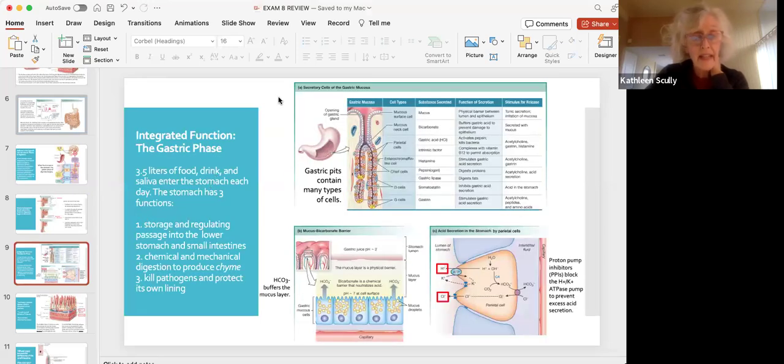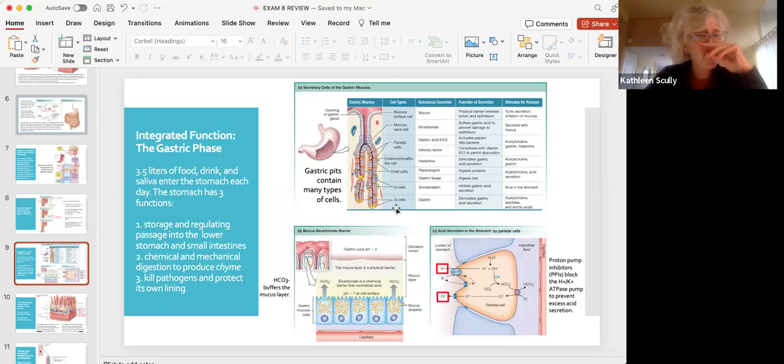Here we're looking in the stomach in a little bit more detail. And in the top table, we see there are a variety of cell types that are arrayed within the gastric pits, these invaginations in the wall of the stomach lining. And they all carry out different and important functions.